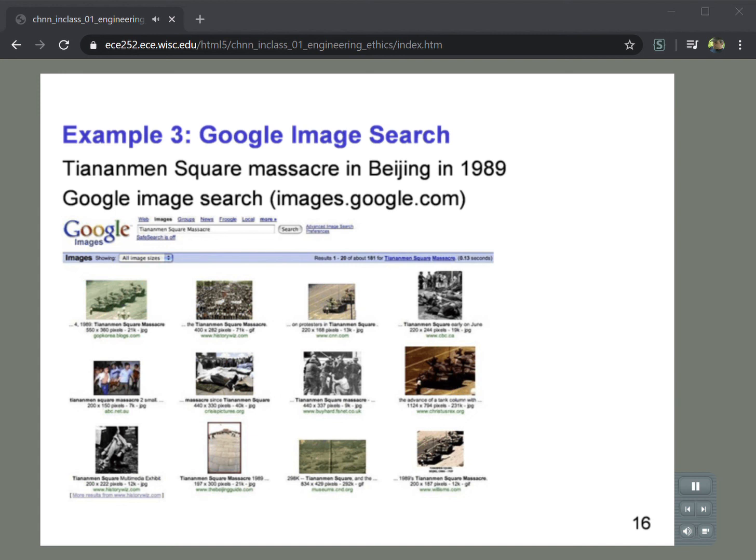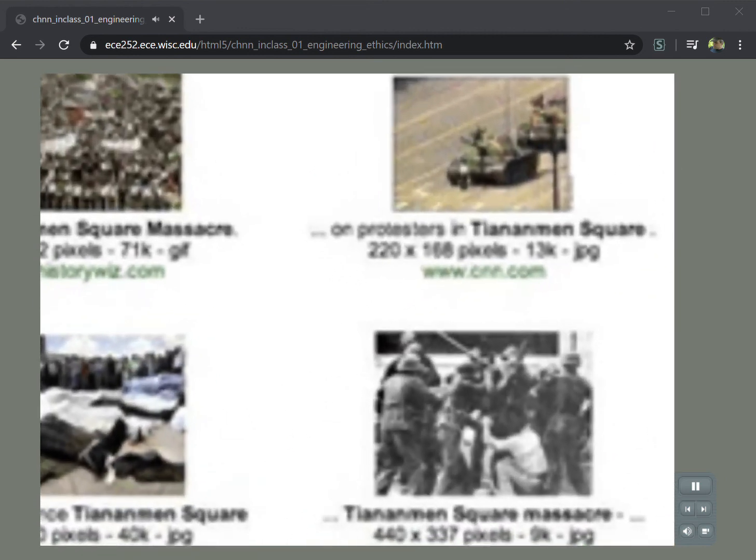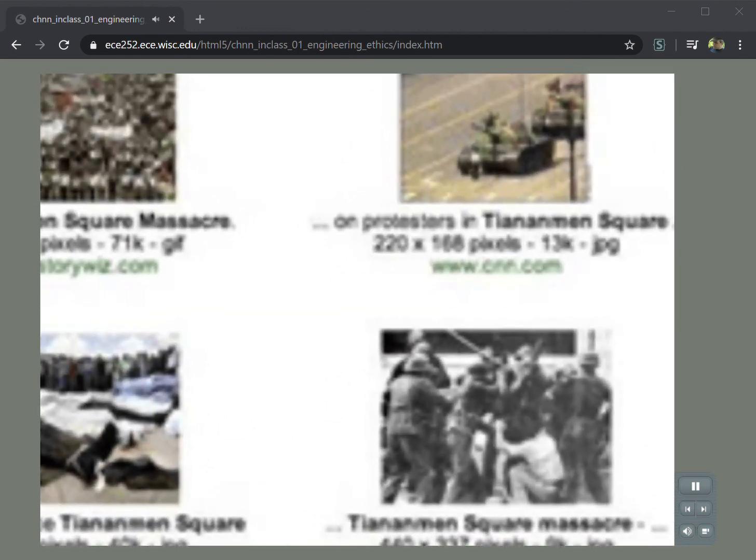And as you can see in some of the pictures on this webpage, if you do a Google image search for Tiananmen Square massacre, these are the kinds of pictures that turn up. So you see the tanks, you see people being beaten down, and so on.